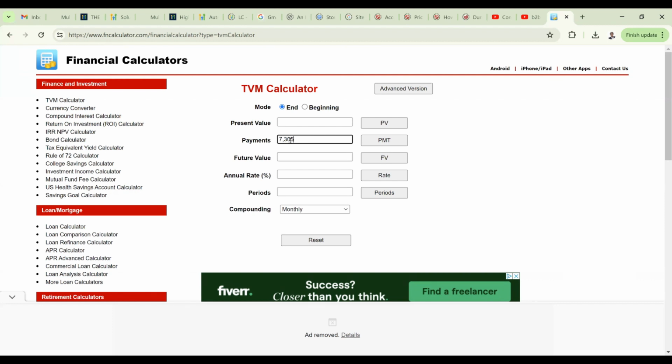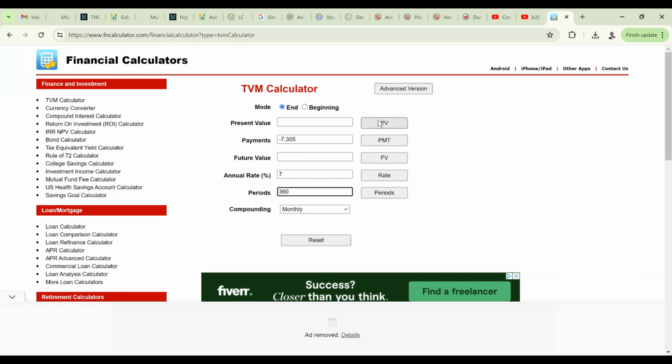So I'll put in the payment, and the payment always goes as a negative number. So you put negative 7305. You'll put the interest rate at whatever interest rate it is. I'm going to put in 7. And here I'm going to put in 360 months. And then I hit present value, right?